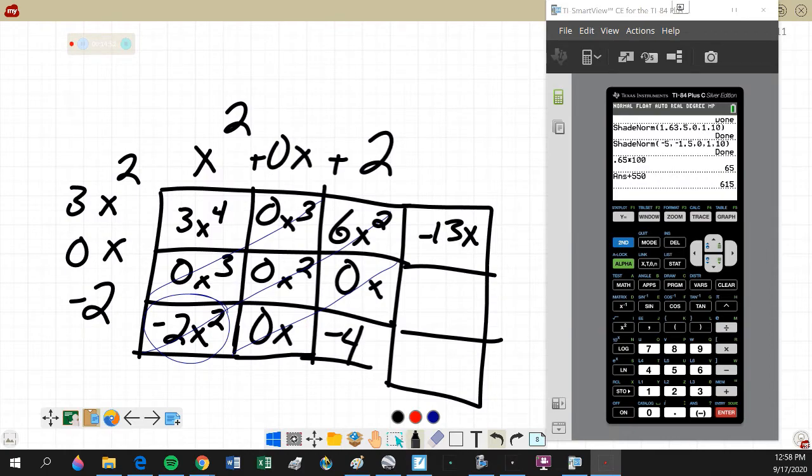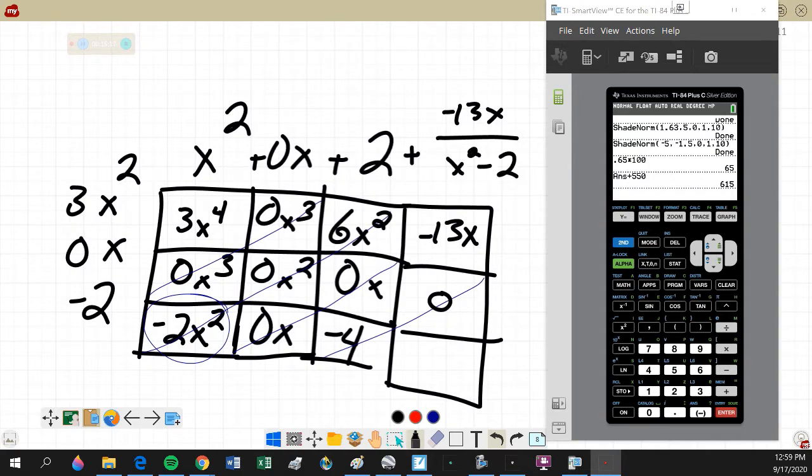Can I take out an x squared? No. All right, and then the next one is negative 4. Do these add up to negative 4? Yes, so this remainder is a 0. So my remainder is plus negative 13x over x squared minus 2.